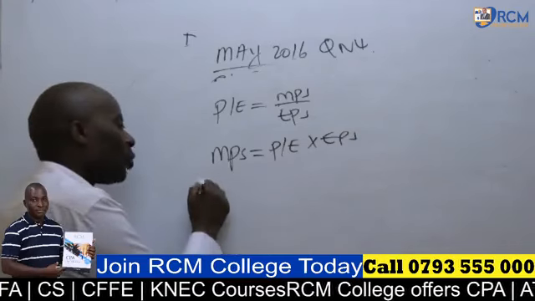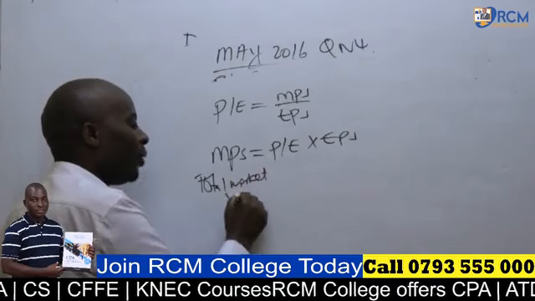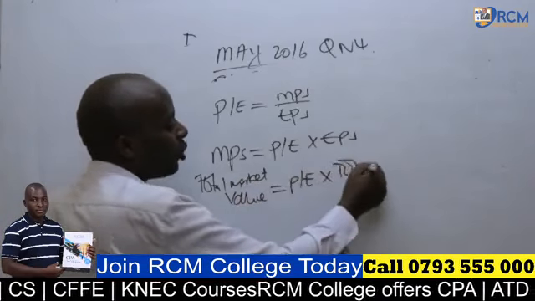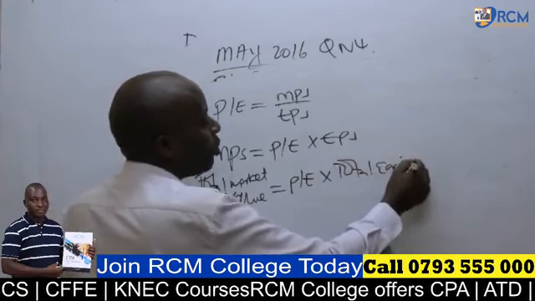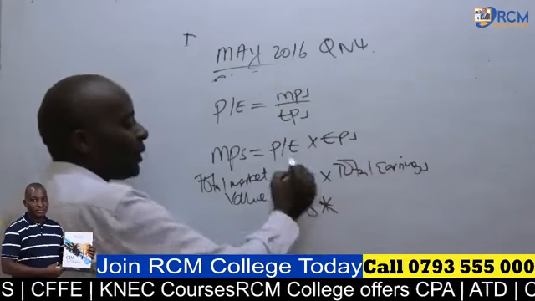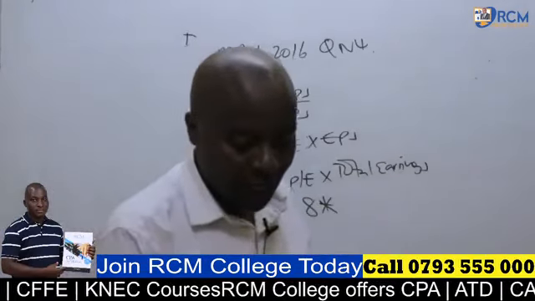So in terms of totality, total market value will be equal to PE, which will remain the same, times total earnings. So the PE ratio has been given as 8 times the total earnings that we envisage to realize as a firm.